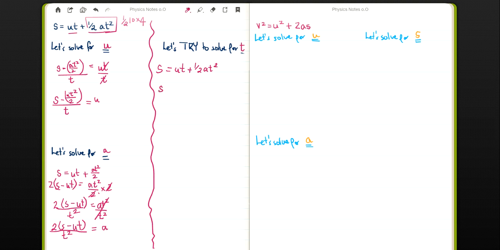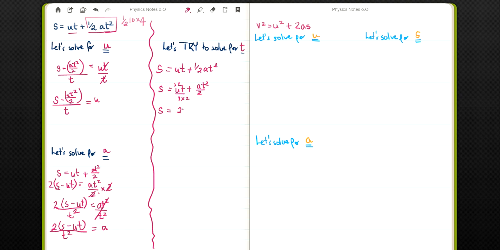To make things easier, I would write out ut plus at squared over 2. And since this is at squared over 2, I will multiply this side by 2. I will put this all over 1 to get this to be together. So we have now s is equal to, as it times 2, and this times 2.